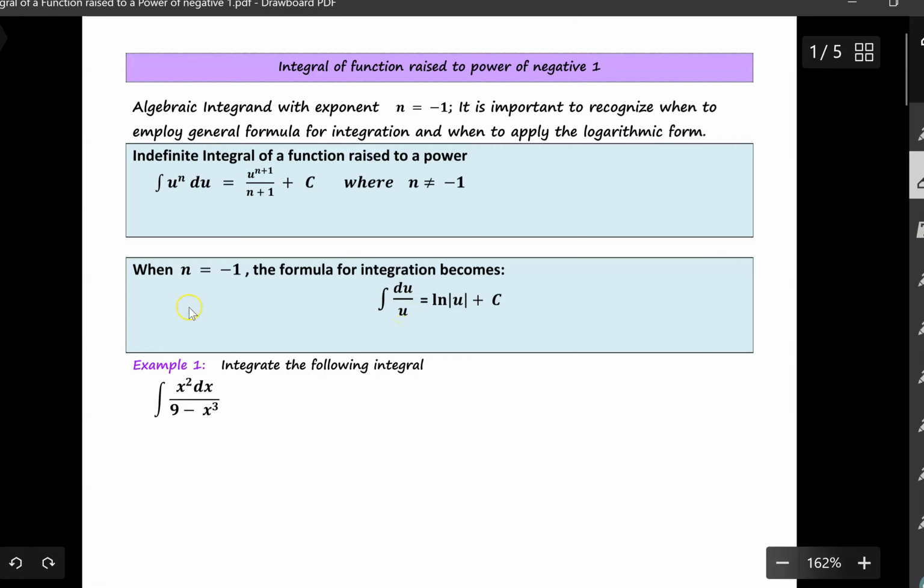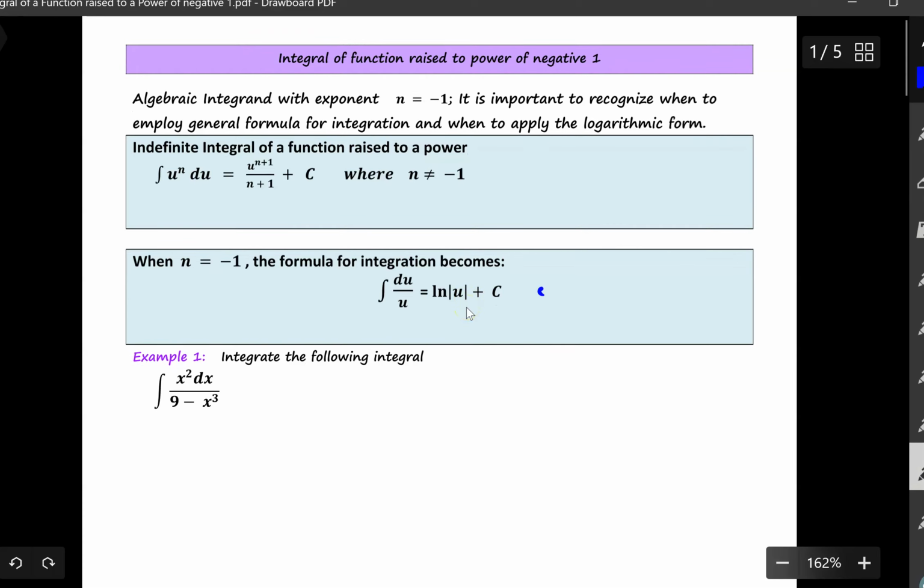So in the case that n is equal to -1 as the exponent for your function, then you have to apply the special formula. So the integral of du divided by u will be equal to the natural logarithm of the absolute value of u, plus the constant c because we still work with an indefinite integral. So let me rewrite this formula to clarify that you actually raise this to the exponent of -1.